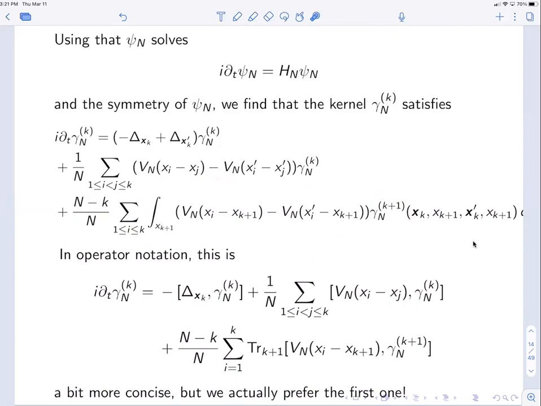So in operator notation, if you view the gamma_N^(k)'s as operators, then this equation takes a more concise form. Because, for example, this expression is a commutator of gamma_N with the Laplacian.